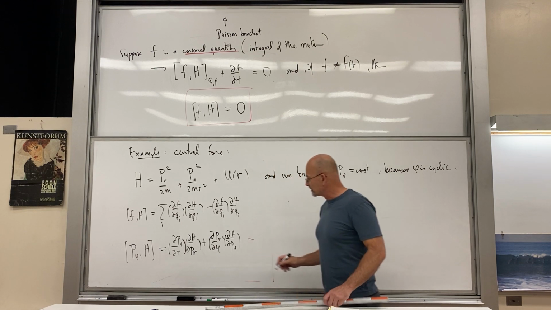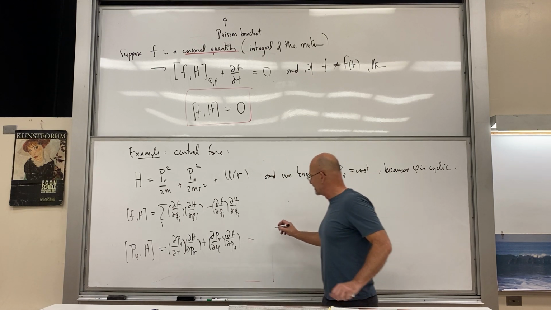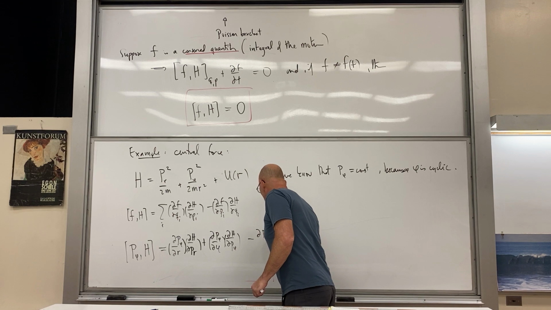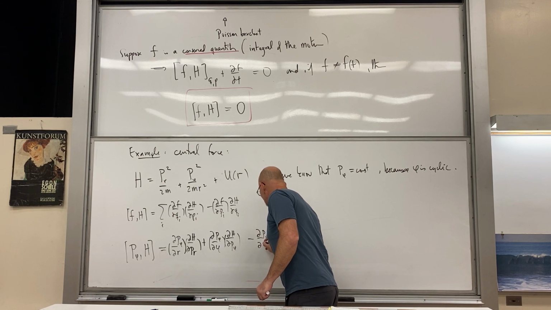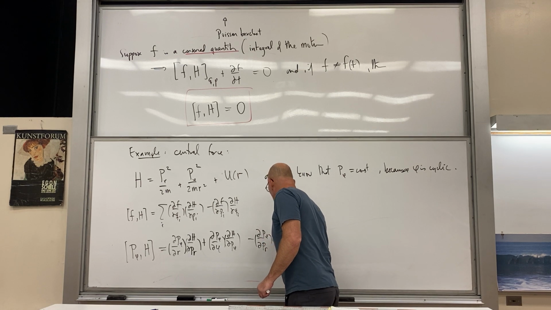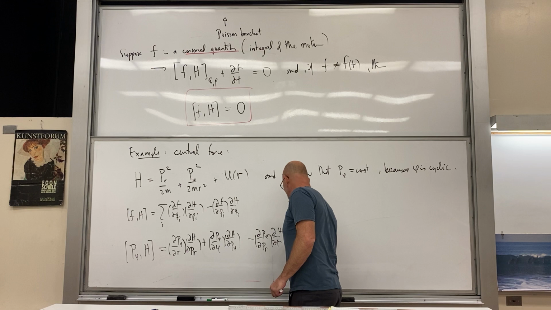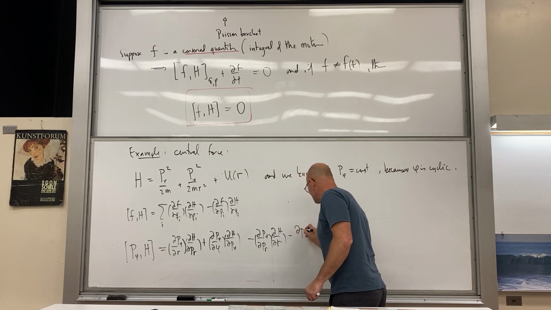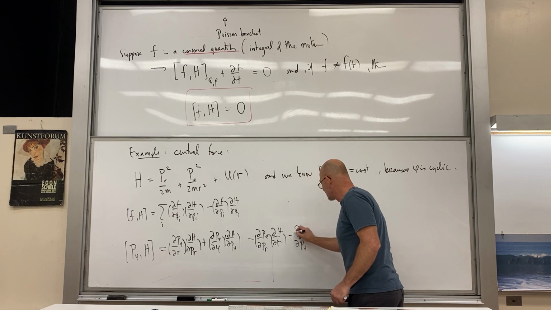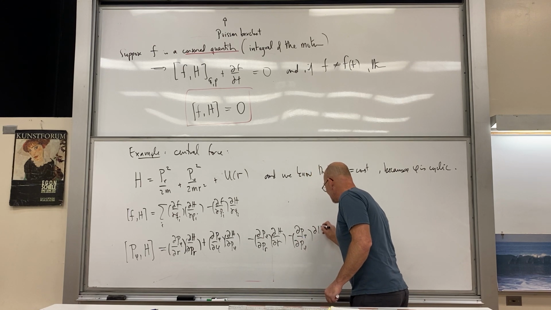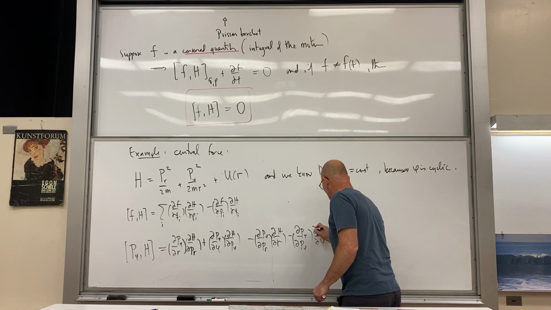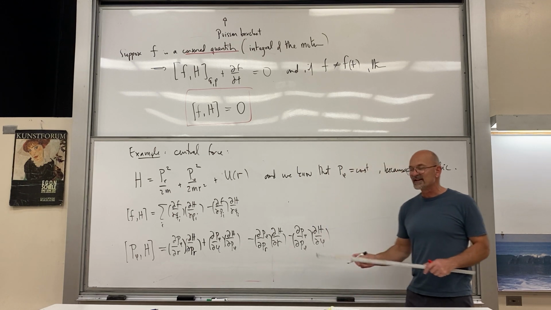And then the other two we're subtracting off, so dp_phi/dp_r times dH/dr, minus dp_phi/dp_phi times dH/dphi. Okay, so that's how that translates.